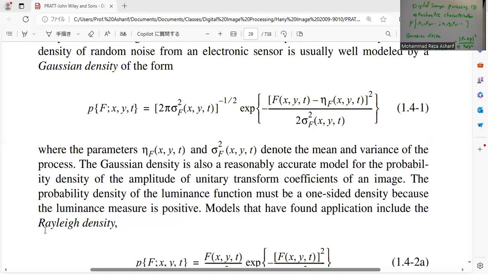Another one: of course, the probability density of the luminance function must be a one-sided density because the luminance measure is positive.